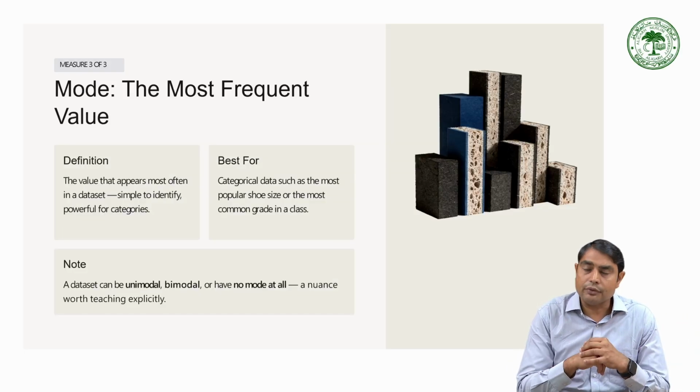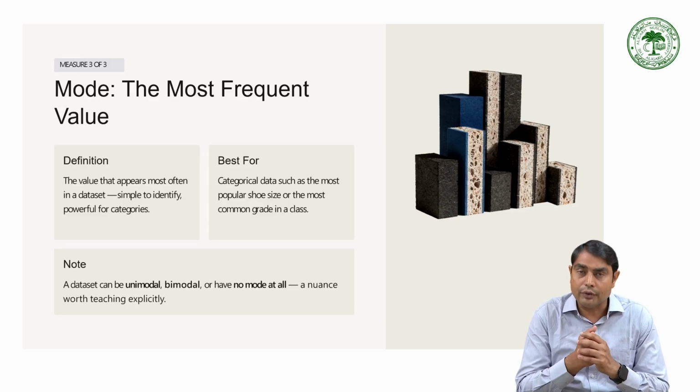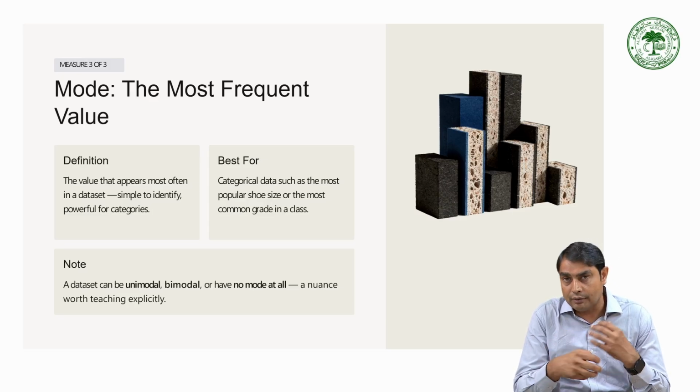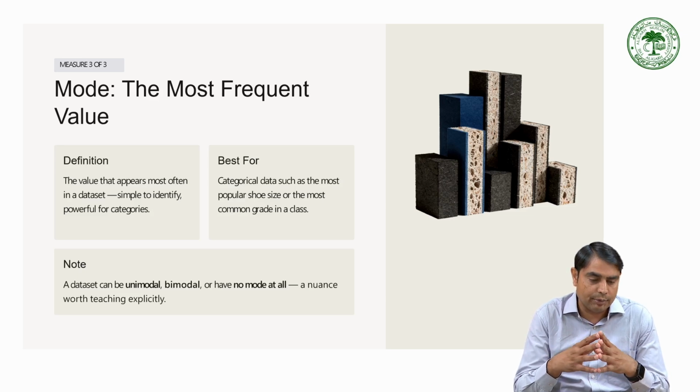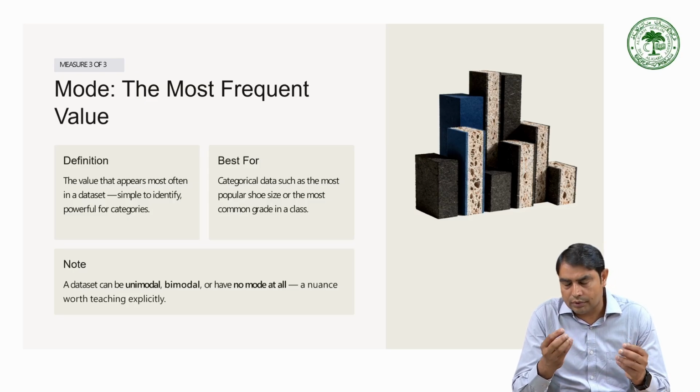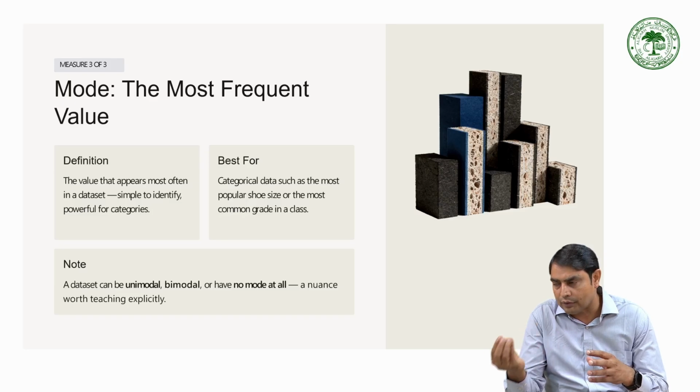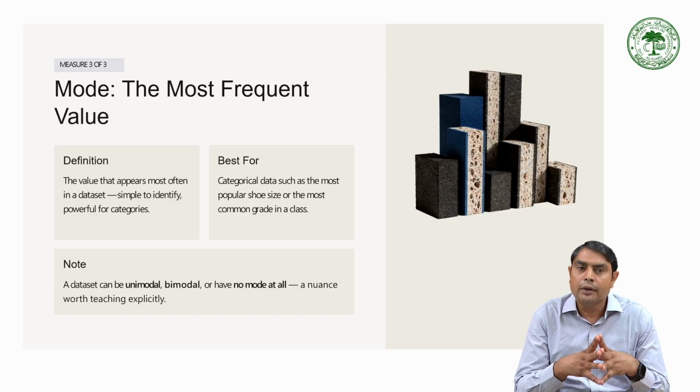Coming to the third measure, mode. Mode is dealing with what? It deals with the number that appears more often, or which has the highest number of repetitions in the data set. It is simple to identify the mode, because you simply need to find the highest frequency, and that will be the mode.